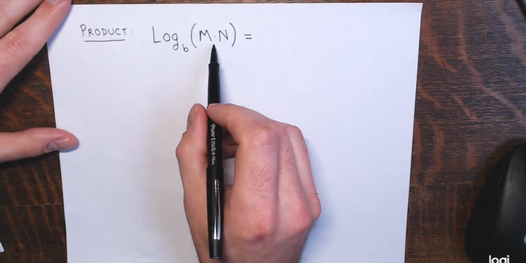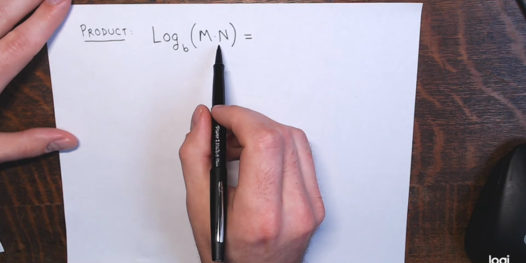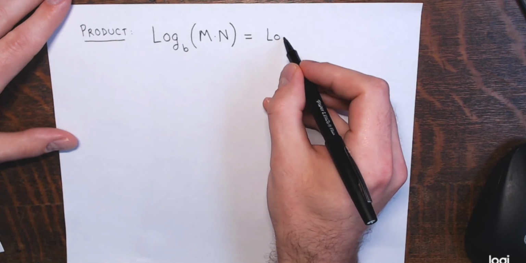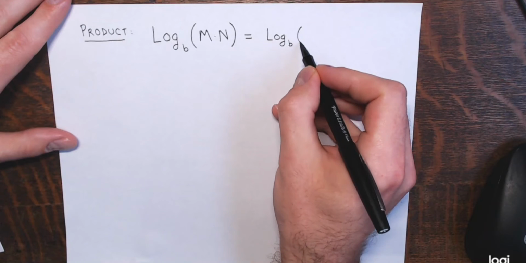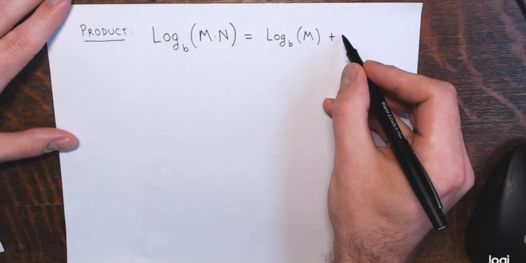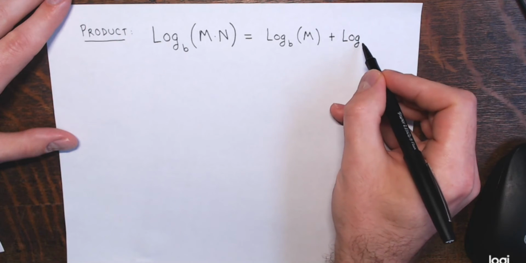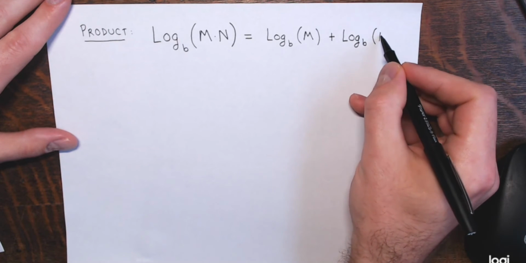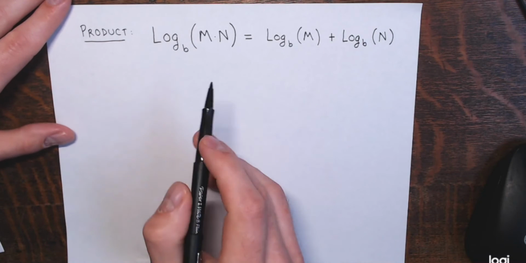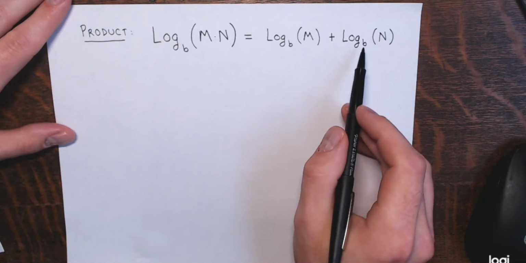It depends on how many factors are in the product. Here I only have two factors, m and n, so I can express this as the log base b of the first factor, m, plus the log base b of the second factor, n. That was the product rule. Log of a product is a sum of logarithms.